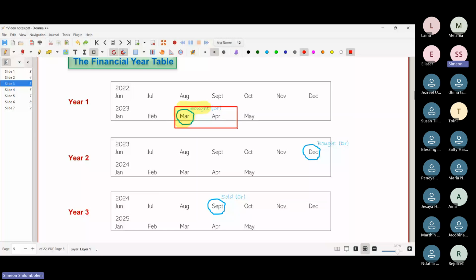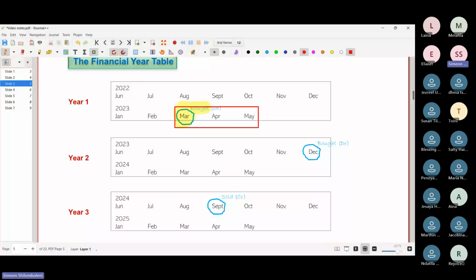So this business, when it started this financial year in June, it only had the 70,000. It's only in March that they bought the second vehicle. Now, when we are going to depreciate it, we must only depreciate it for 3 months in the first year because that was the only time that it was generating benefits for us.